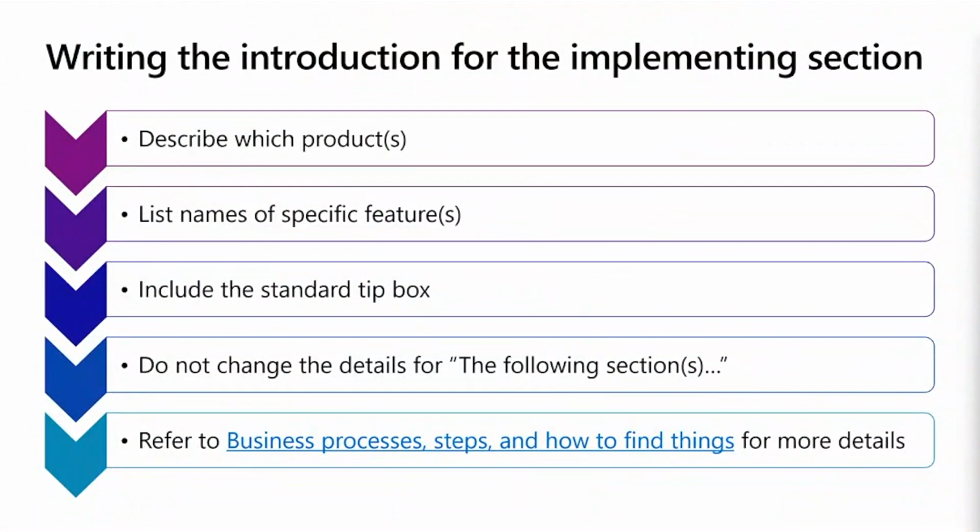So when you're creating that implementation section, you're going to write an introductory paragraph for that. In that introductory paragraph, describe which product or products are going to be used, and you'll want to list the names of specific features. In any situation where the name of the feature is maybe not a normal term or concept that's used in organizations, you'll want to make sure that that term or that feature has a glossary entry, but you may also want to describe that or indicate it.